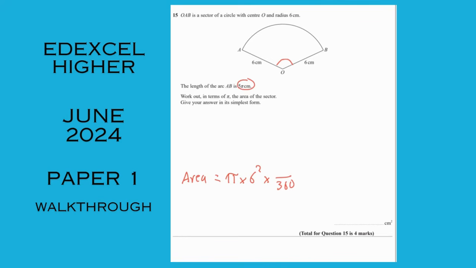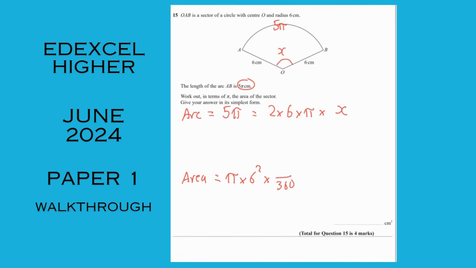It's got to be from this fact, but it tells us that the arc length is 5 pi, so we take it back a step. The arc is 5 pi, and the way you work out the arc is 2 times the radius times pi, 2 pi r in other words, multiplied by, again, this angle. This time I'll call it x.